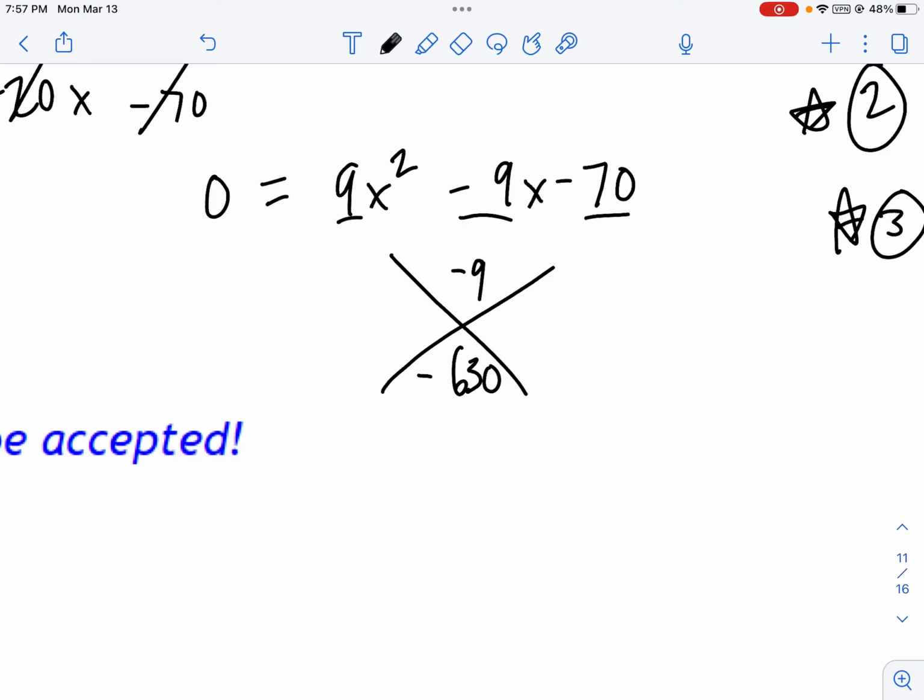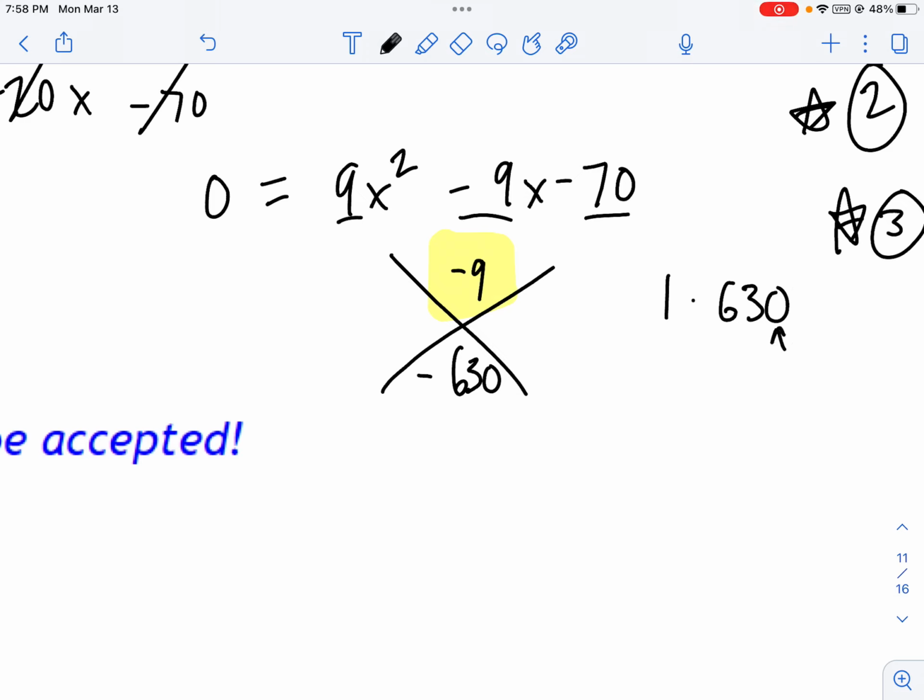Now, what can help us here? 630 is gigantic, but we know that if we're adding to negative 9, they have to be relatively close numbers. You can't have 1 times 630, because 629 is going to be the smallest difference between them. You're not going to get to negative 9 anytime soon. So what I would recommend is that if you have a factoring that's this large, break down your numbers. What's another way we can break down 630?